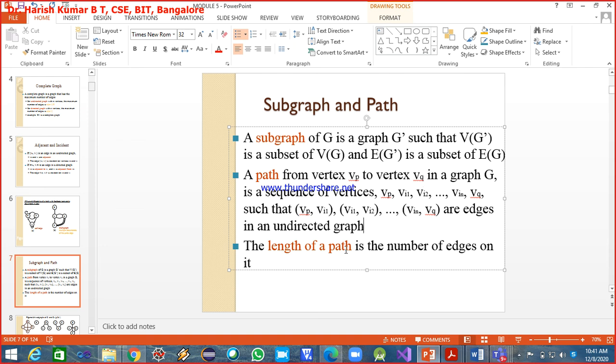The path is usually measured in terms of the number of edges on it. So when I write there exists a path from VP to VQ, you have to list all its edges, and the count of these edges gives you the length of the path from VP to VQ.